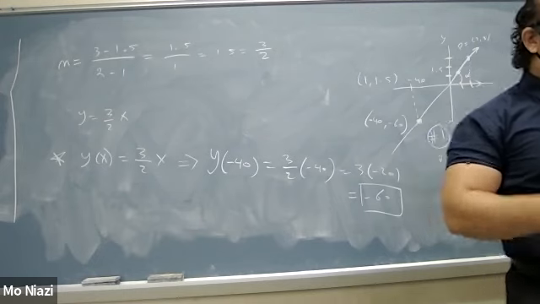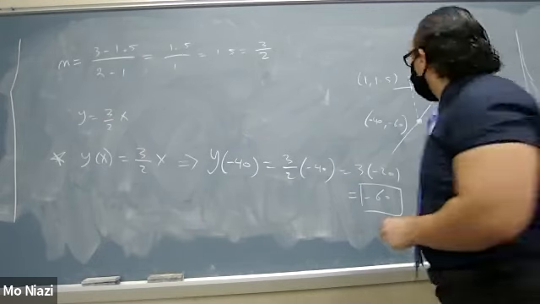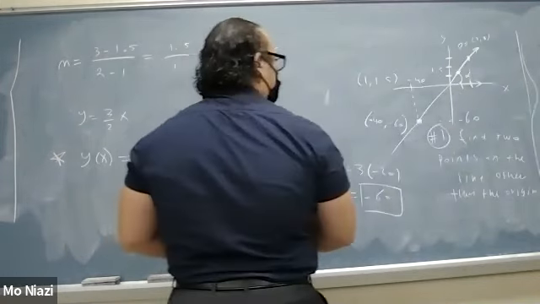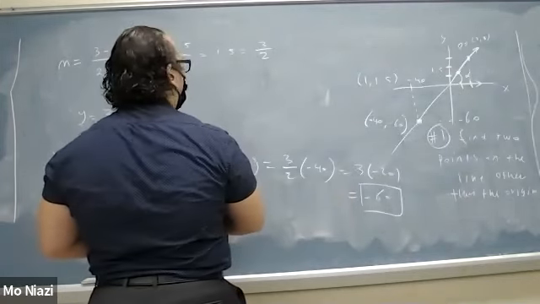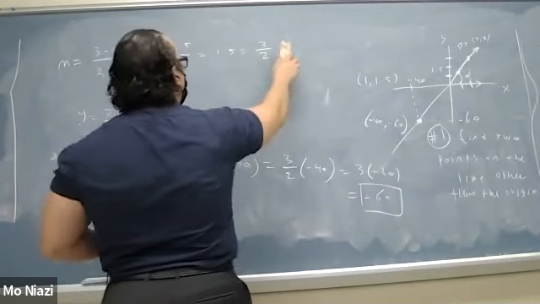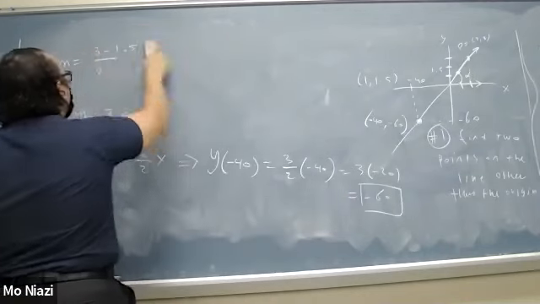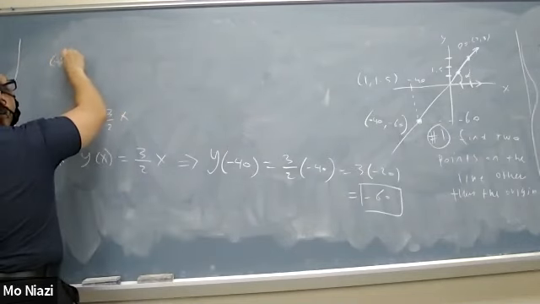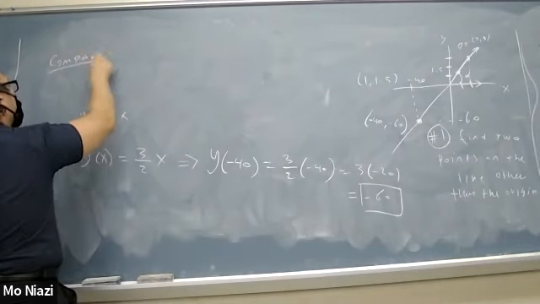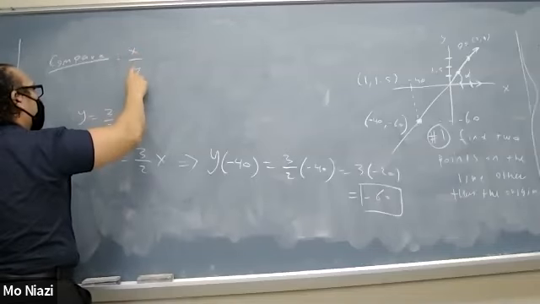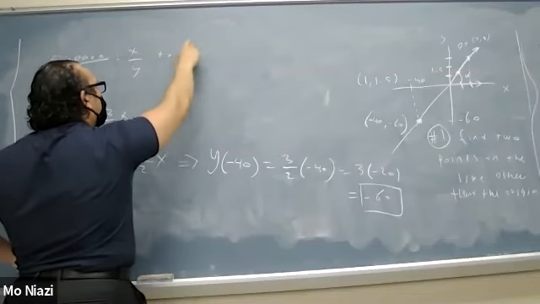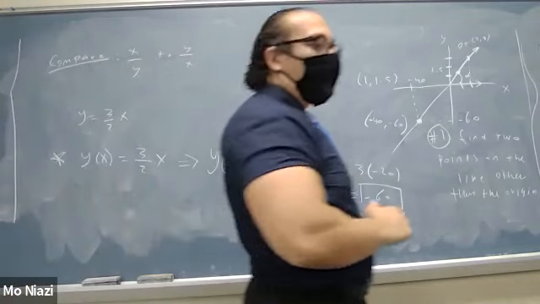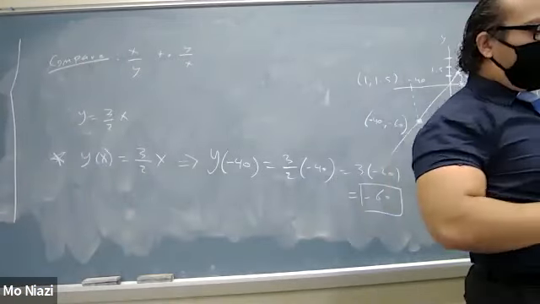Now, given this same line here, okay, let's talk about some other stuff. Let's compare the ratio of x over y to y over x for various points on the line.